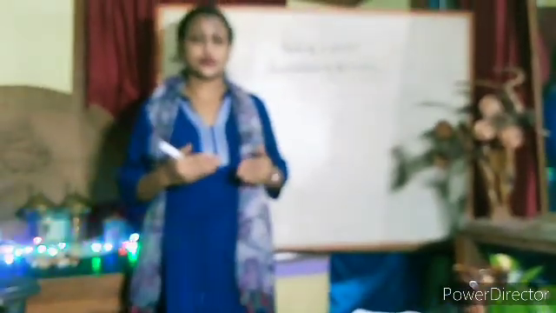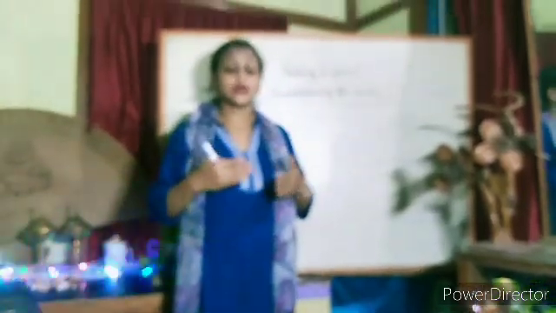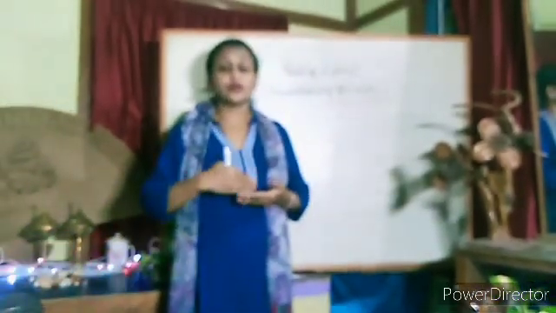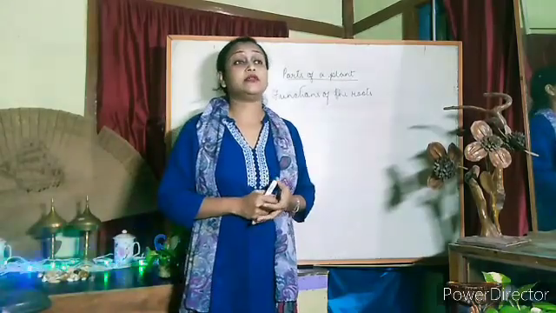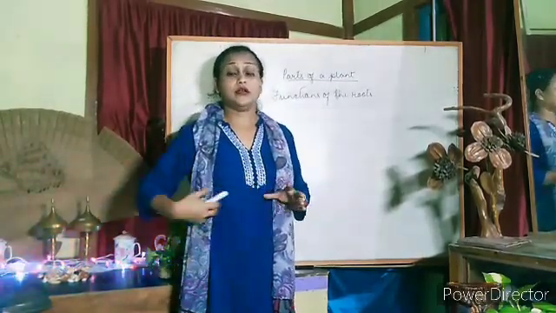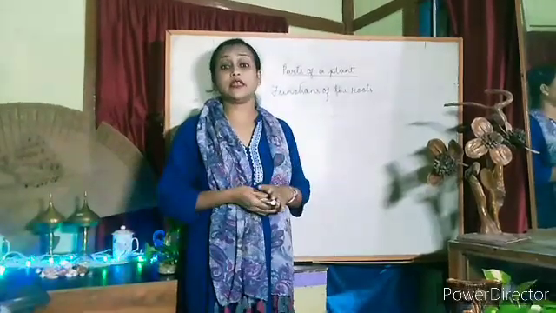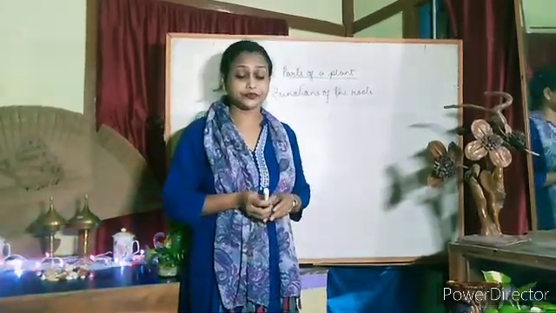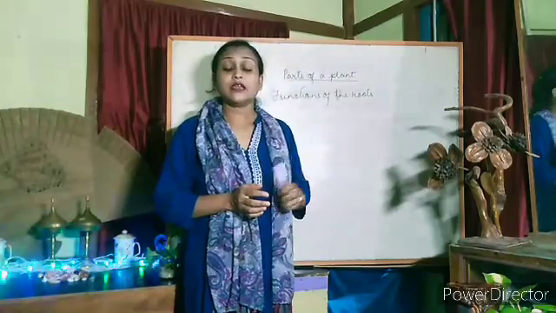Now, when we see a plant, we cannot see its root. Why? Because the roots grow under the ground. But though it grows under the ground, it plays a very important function.